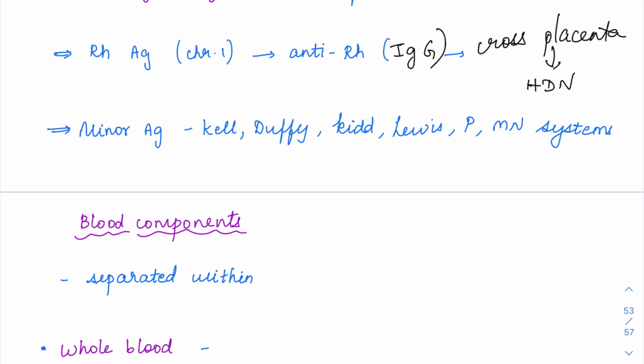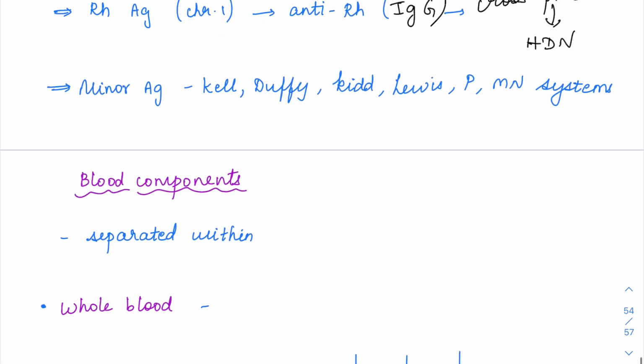Suppose the mother is Rh negative, having an Rh positive fetus. In that case, the anti-Rh IgG antibodies in the mother can cross the placenta, and then cause hemolysis in the baby who is having Rh antigen. Okay, so that is going to result in hemolytic disease of the newborn.